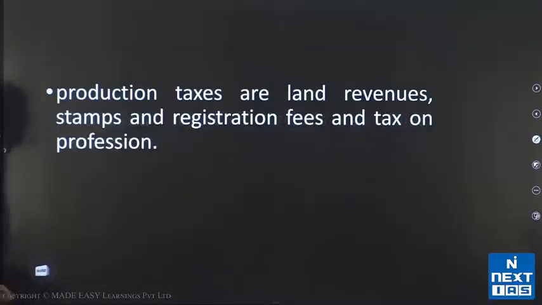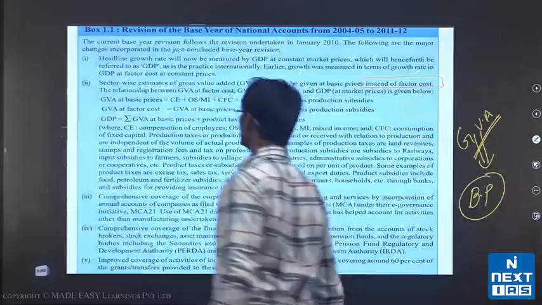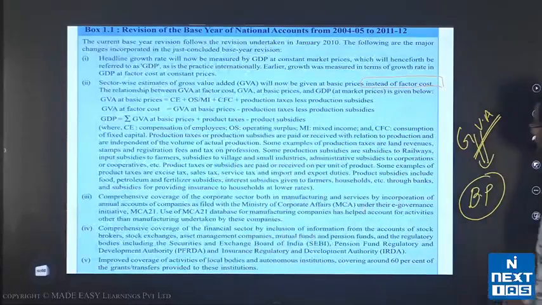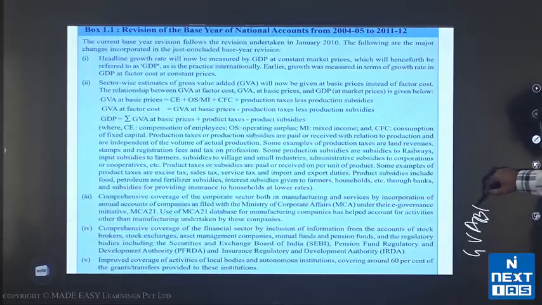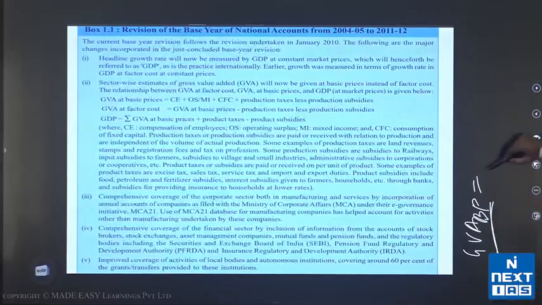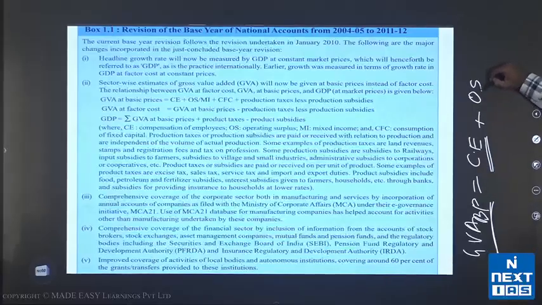Now, if you see the book, they give the formula like this. GVA at basic price is equal to CE, I'll explain what CE is, plus OS, operating surplus, in bracket mixed income. I'll explain mixed income.